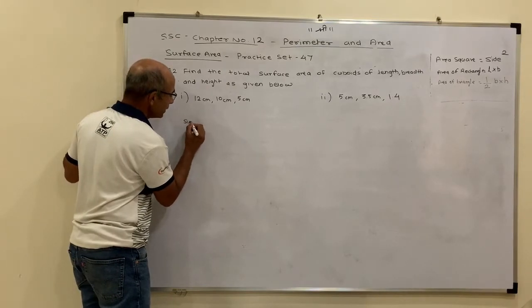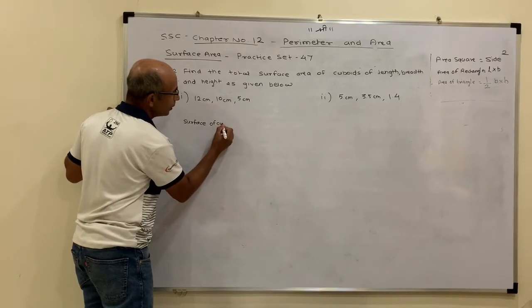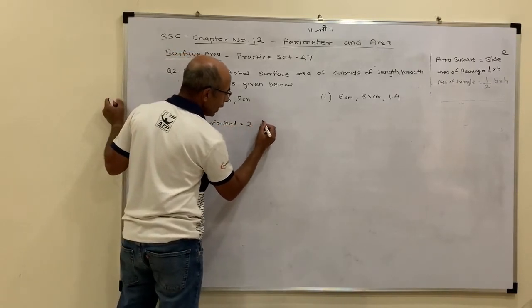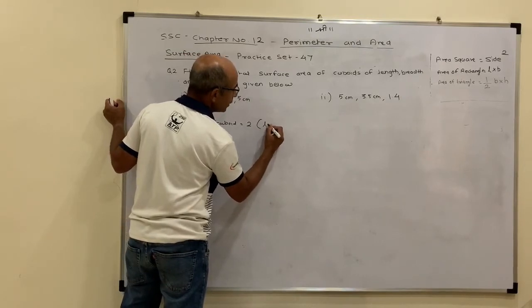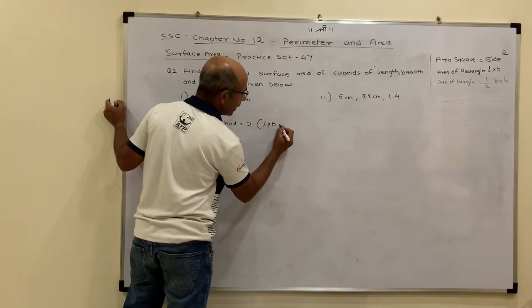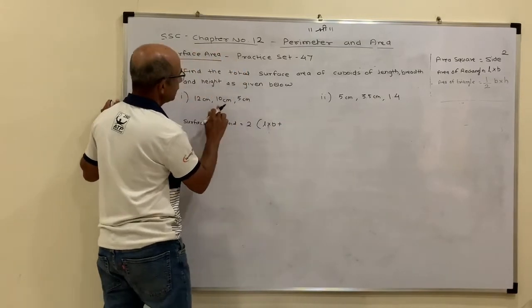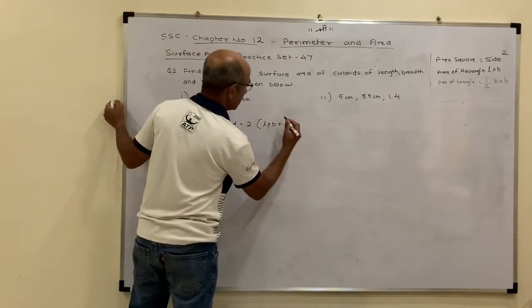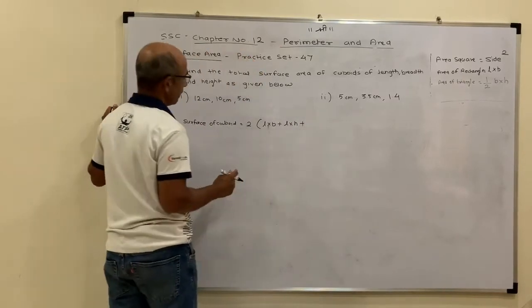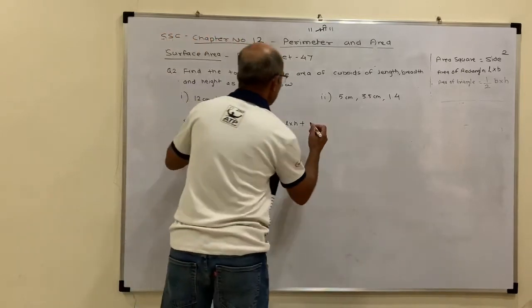The surface area of cuboid is equal to 2 into length into breadth plus length into height plus breadth into height.